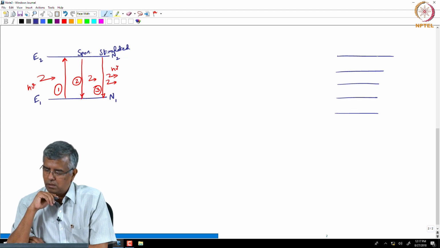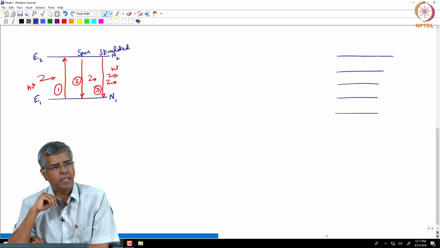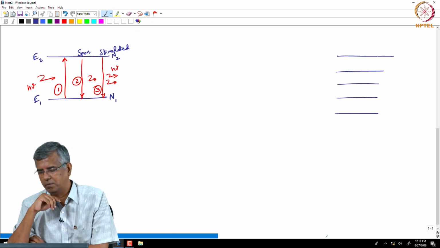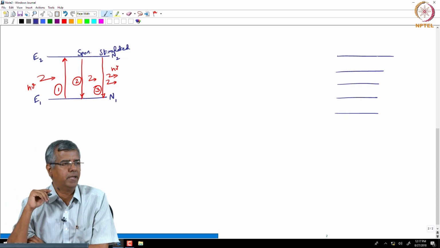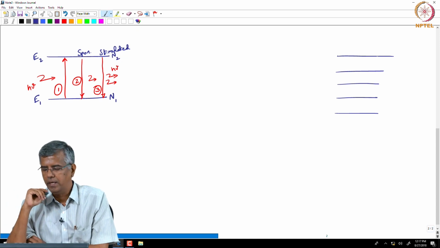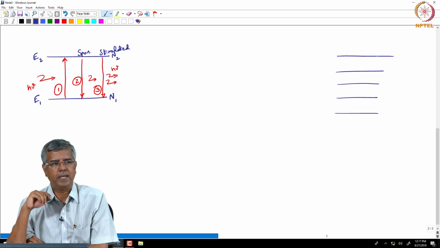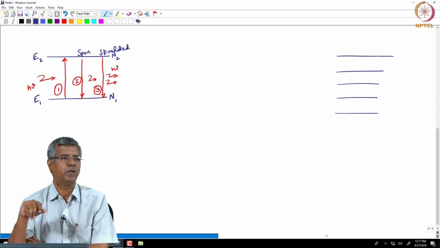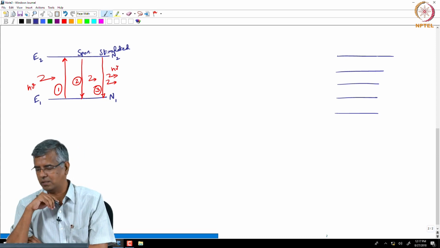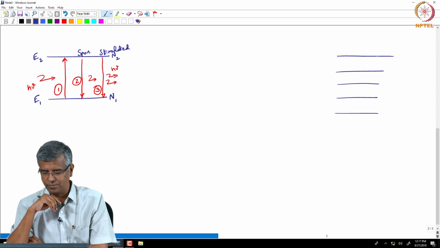The question is, what is the probability that an electron may exist in one of the higher energy levels, under the specific case of thermal excitation. Why thermal excitation? Because that is what blackbody radiation is about. So, it is essentially thermal excitation.